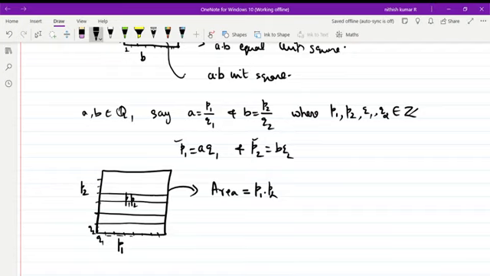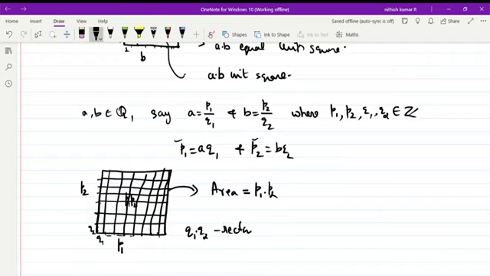Draw the lines. So you will get Q1 into Q2 rectangles, with sides Q1 and Q2. Then what is its area? Its area is Q1, Q2. This is by our previous knowledge.